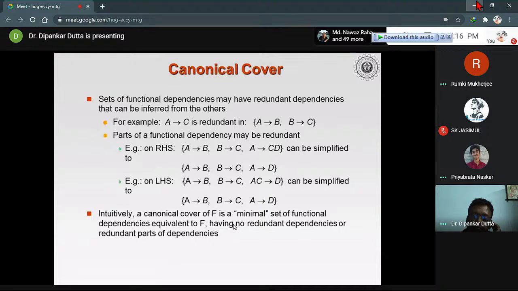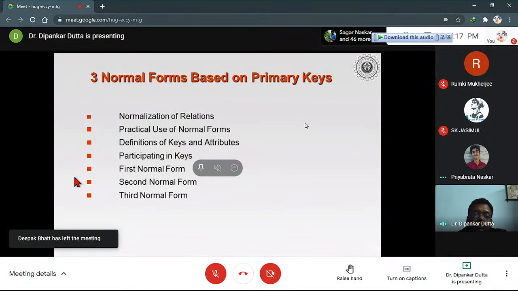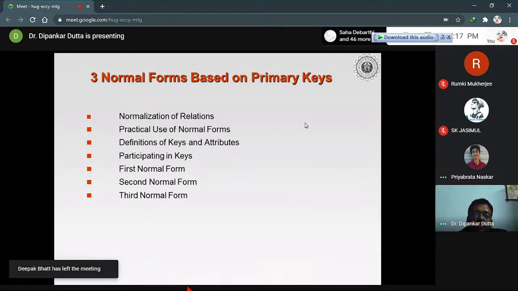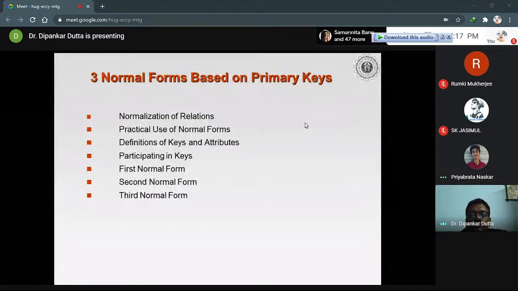Okay, so I am proceeding towards normalization. Now, there are many normal forms: first normal form, second normal form, third normal form. Then there is BCNF, Boyce-Codd normal form. Then fourth normal form, fifth normal form.